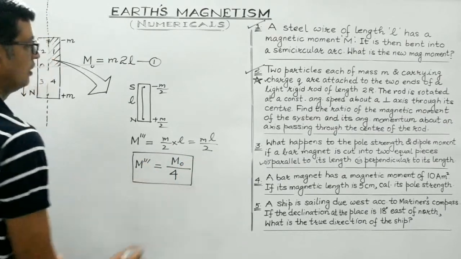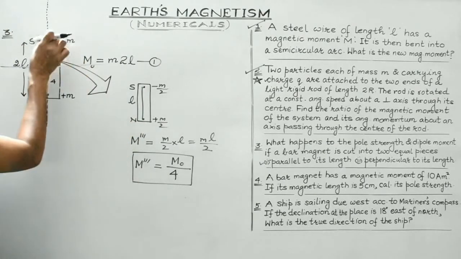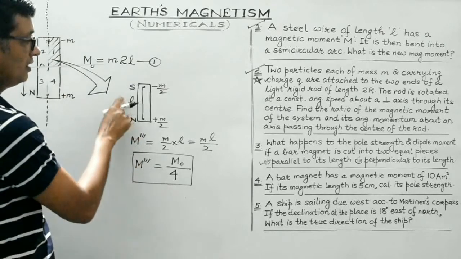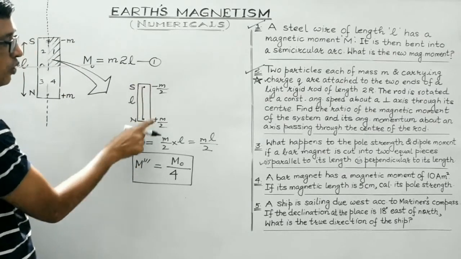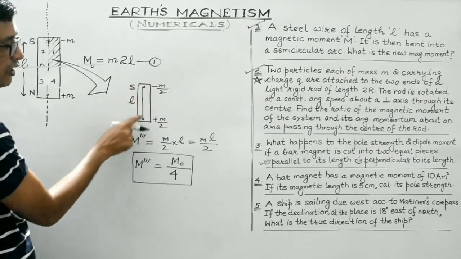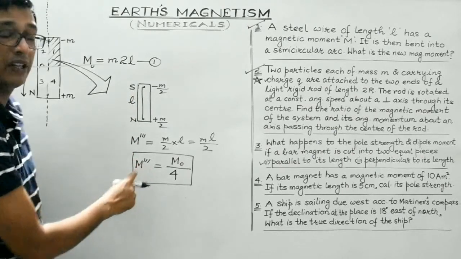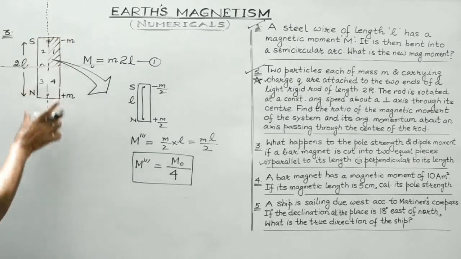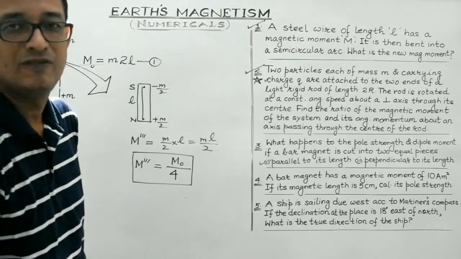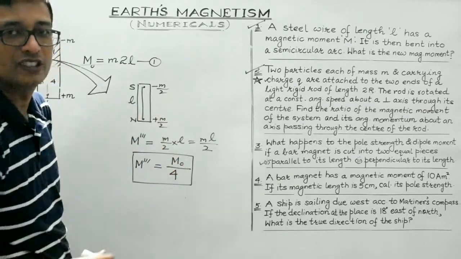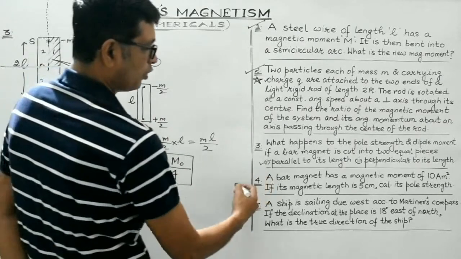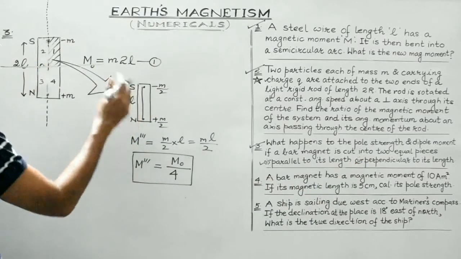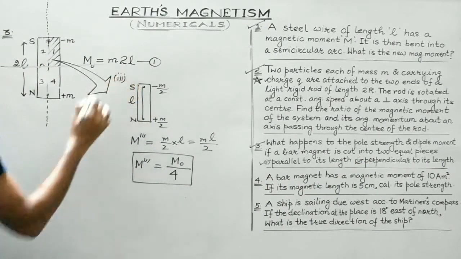Clear, students? So in case we consider 1/4 part of the magnet, its pole strength will reduce to half, its magnetic length will reduce to half, and its magnetic moment will get reduced to 1/4 of the original magnetic dipole moment. I hope you've understood the concept. So we are over with question number 3. We have done both the parts as well as the additional third one.